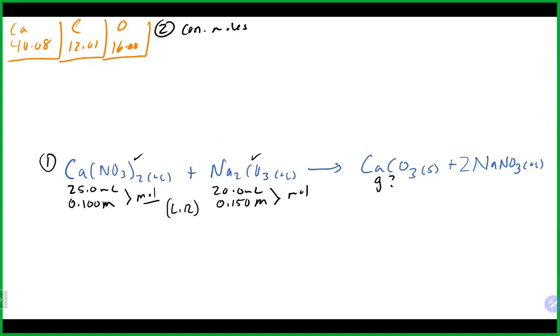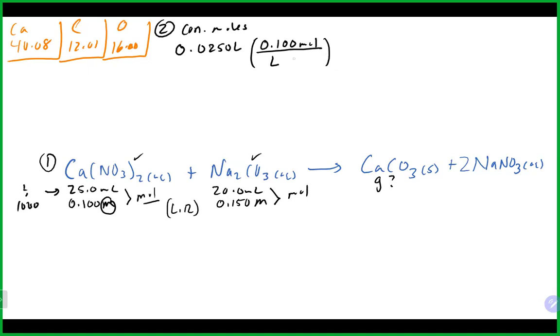So if we take 25 and divide it by 1,000, we will get 0.025 liters. And that again is basically dividing this guy by 1,000 to convert it into liters. We will use our molarity again, not with the big M, but as 0.1 moles per liter, which again is what the big M stands for.